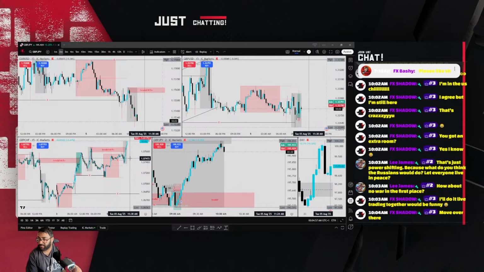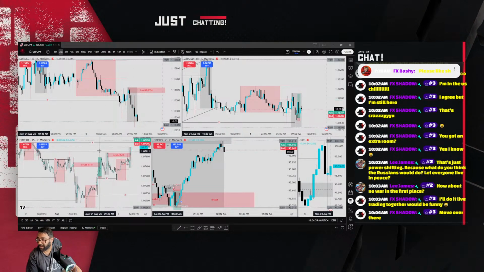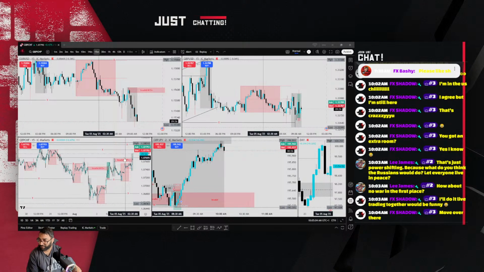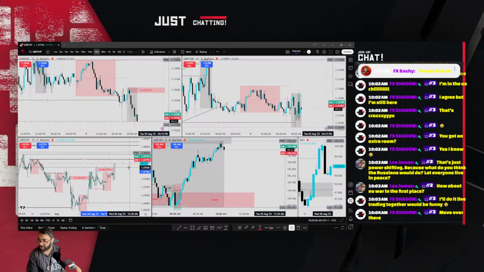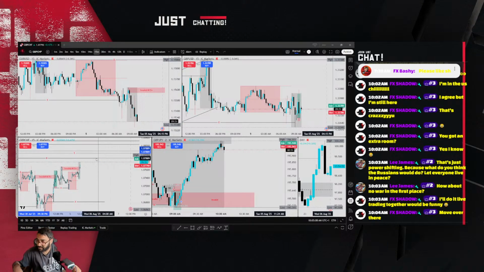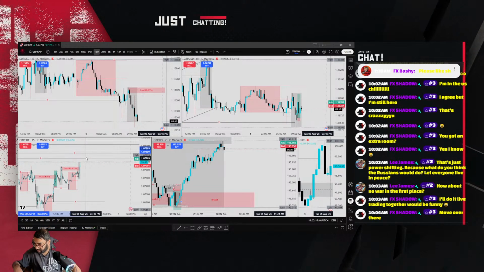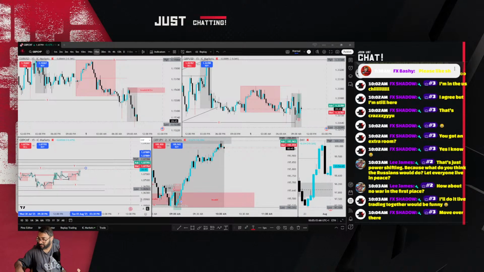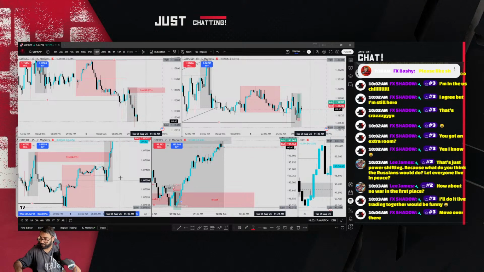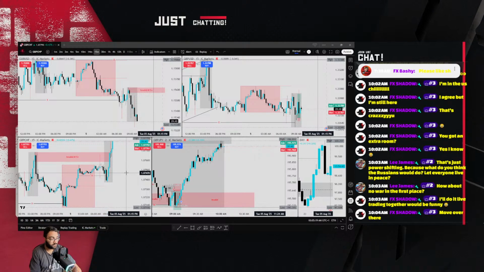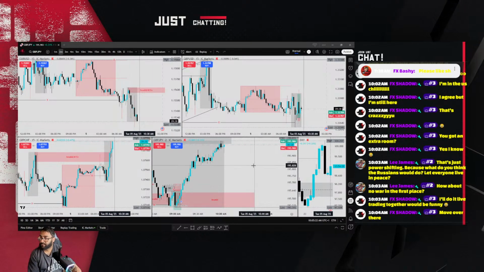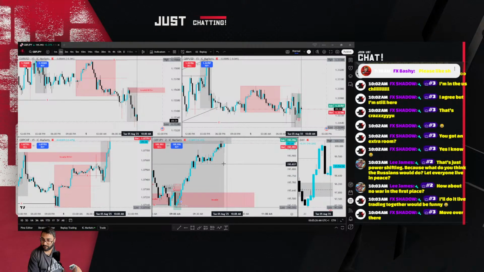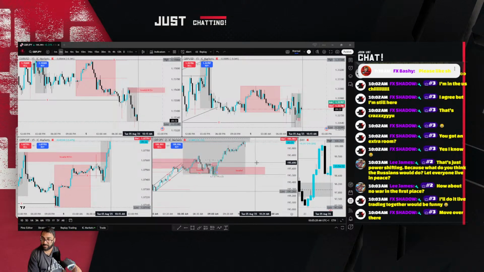And look at that GBPCHF. It's going, man. It's going. It's gonna take this level. Watch. It's gonna take that level, and then give a reaction. I might trade this in New York. Yeah, I might trade that in New York. I think that zone's gonna fail.